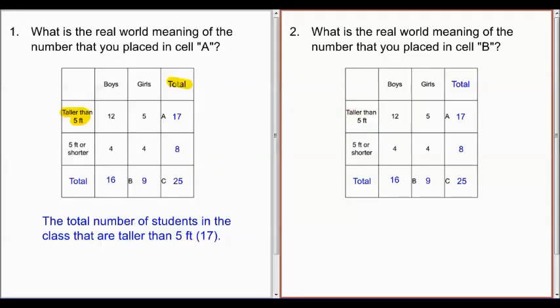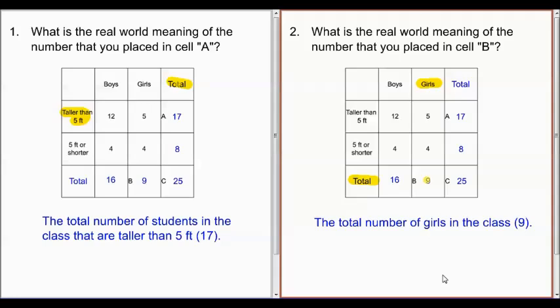Next, what's the real world meaning of what we placed in cell B? Okay, so cell B right here. So we're talking about the number of girls total. That's it. The total number of girls in the class.